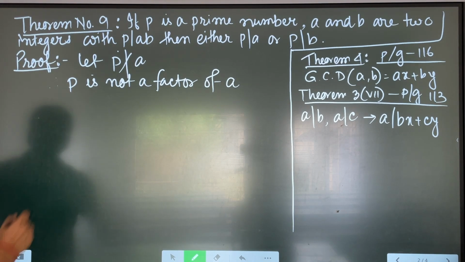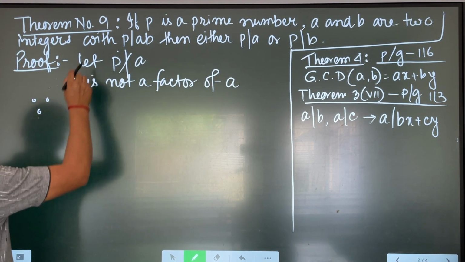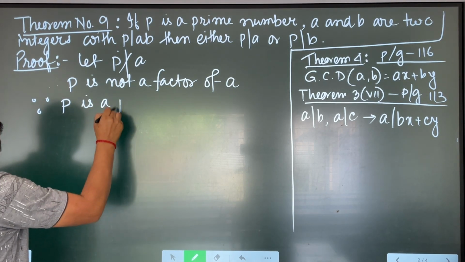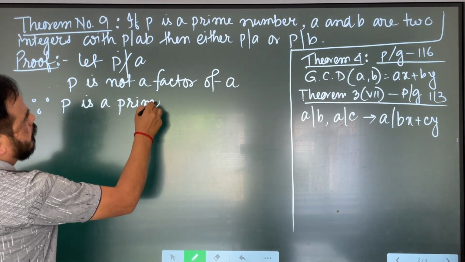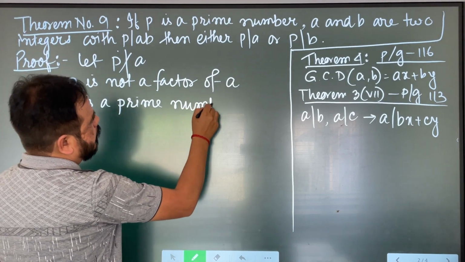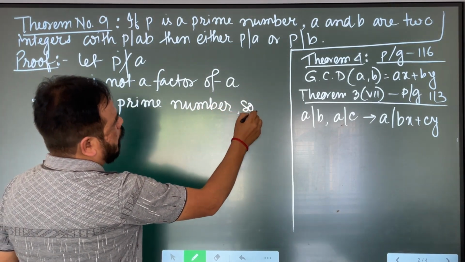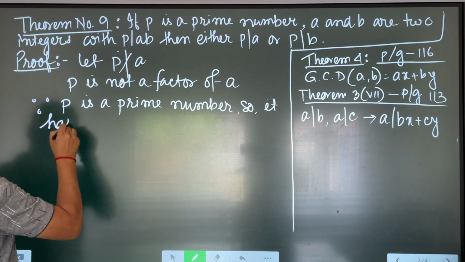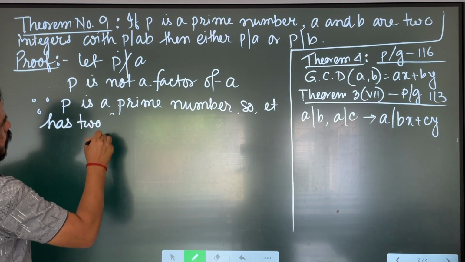Again, here it is given that P is a prime number. Since P is a prime number, it has two factors.